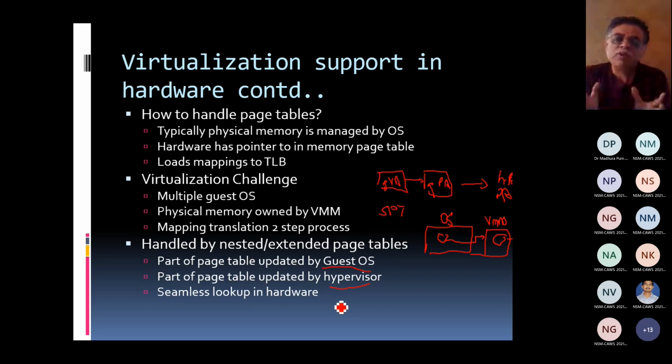So there's a lot of development that happened in order to support running on virtual machines. Right? So this kind of concludes a very short summary of what hardware had to respond to in order to handle virtualization support.